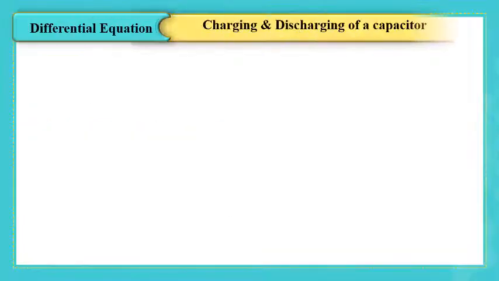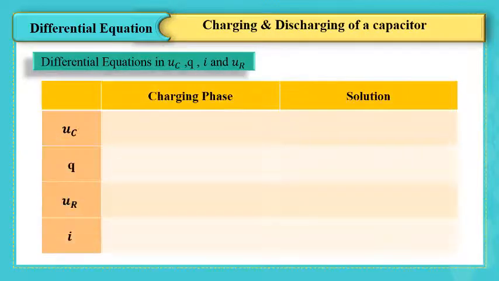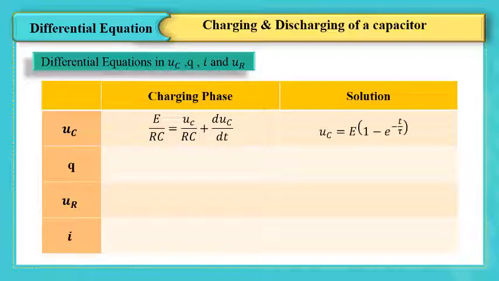The following table contains the differential equations in UC, Q, I, and UR and their solutions during charging phase. For UC, its differential equation is E over RC equal UC over RC plus dUC over dt, and its solution is UC equal E multiplied by 1 minus exponential minus t over tau.